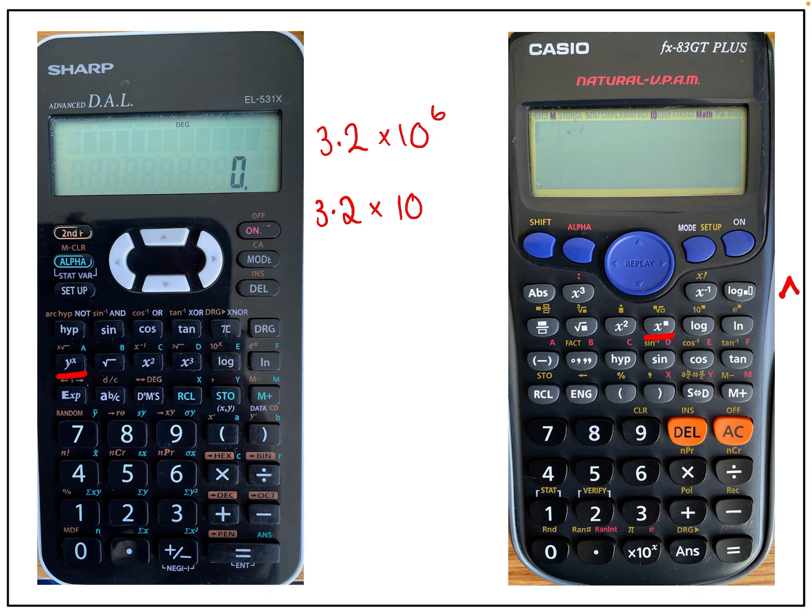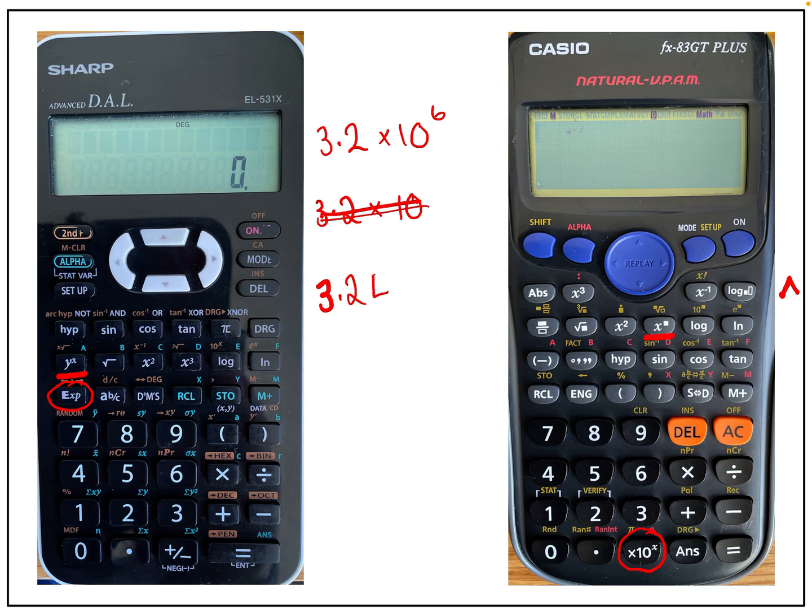It's easier if you use another button, however. Instead of having to type times 10 to the power of and then your number, you can actually just type in 3.2, and then on your calculator you will either have EXP, or there's a button on the Casio down at the bottom here which is times 10 to the power of.